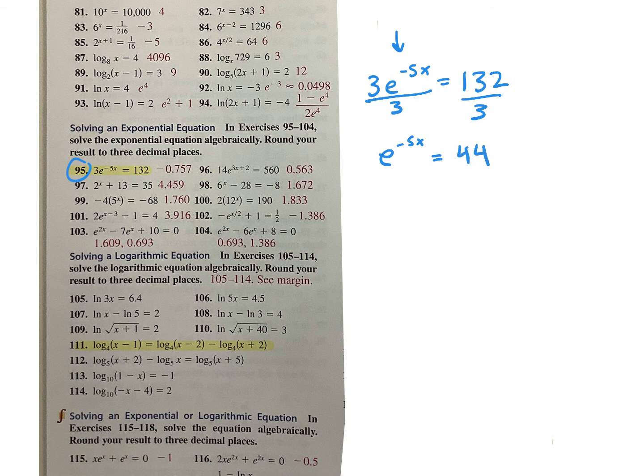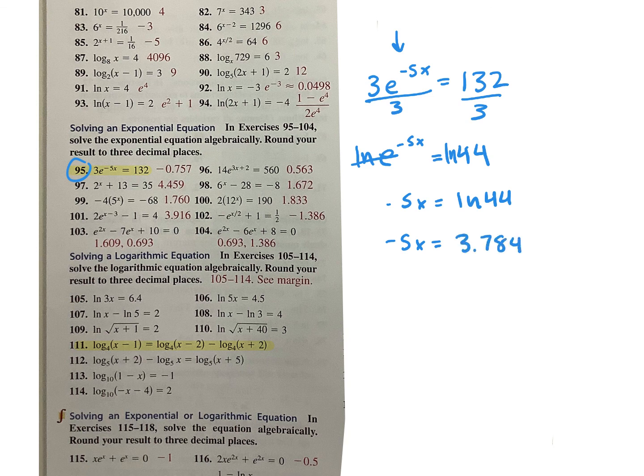To get rid of that e, we need to take the ln of both sides. So this will cancel. So I have negative 5x is equal to the ln of 44. I would put the ln of 44 in my calculator. So negative 5x is equal to 3.784.